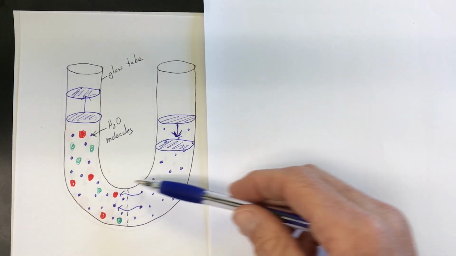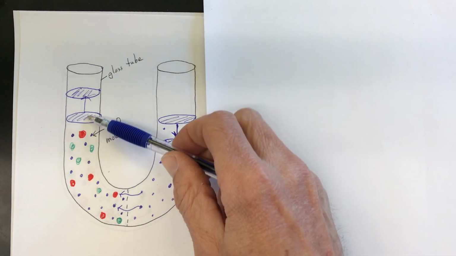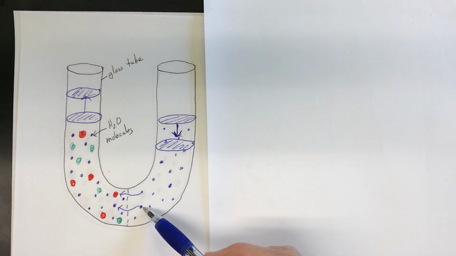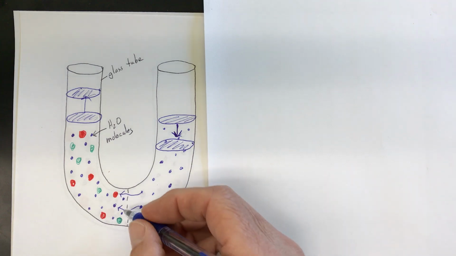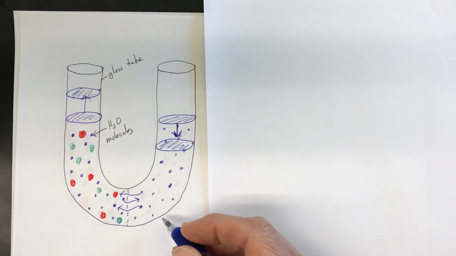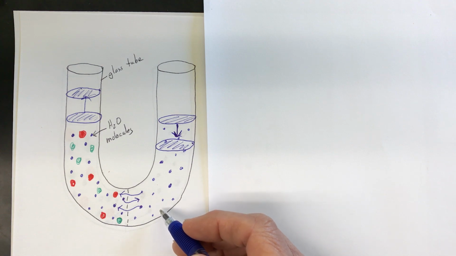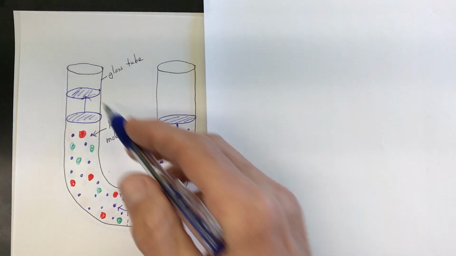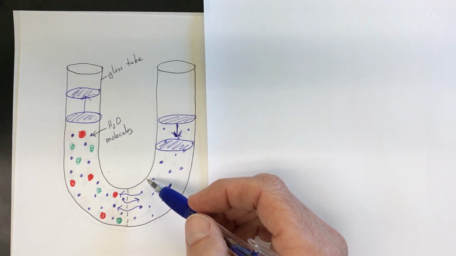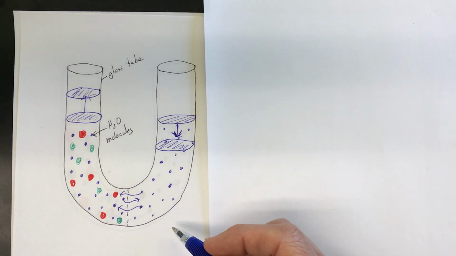So the pure water is going to go across this way until the weight from gravity is so great that the water molecules going across will be equaled by the water molecules going back across. And we will reach a state of equilibrium here. And this difference is called osmotic pressure that keeps these two things separate.